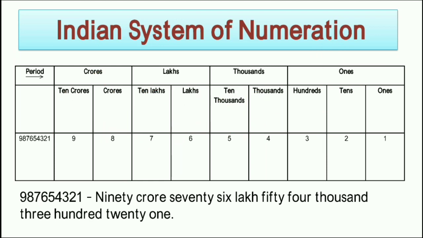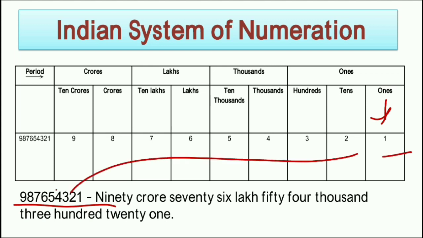So we can see that if we start reading from right to left, the ones place comes first. If we write these digits in the boxes, then at the ones place 1 is there, at the tens place 2 is there, at the hundreds place 3 is there, and so on.